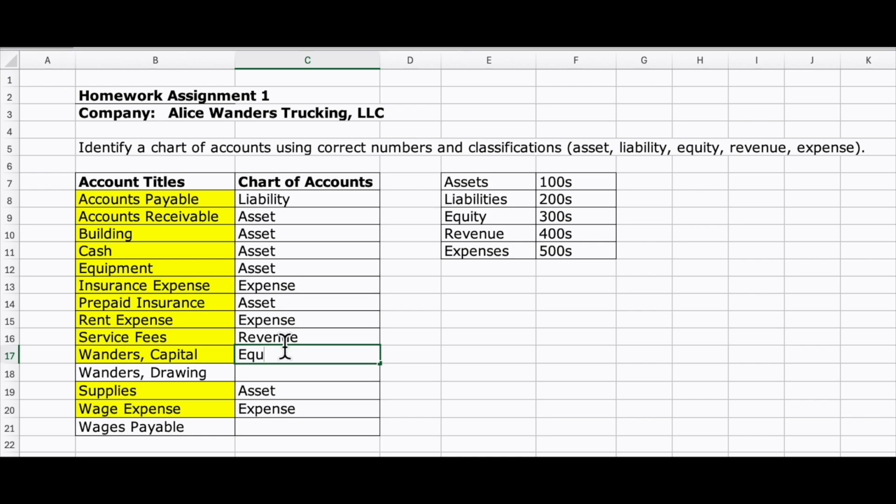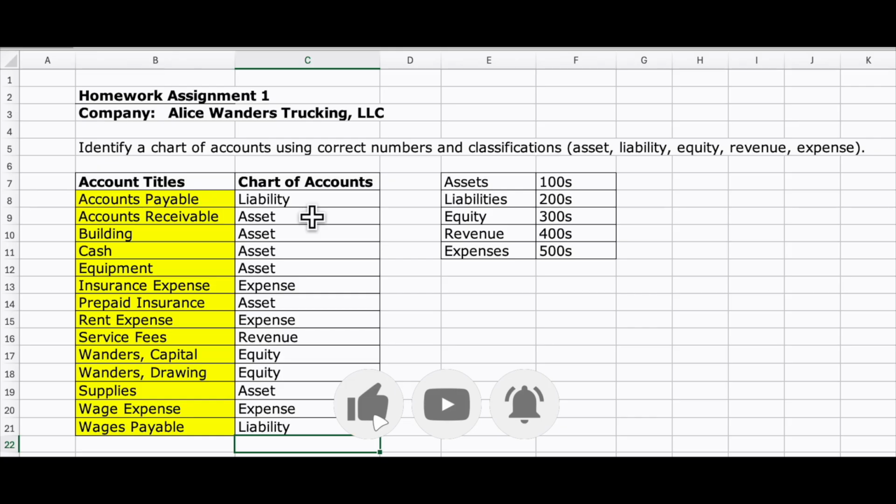That's equity. Or you can put owner's equity. In this case, they told us just the word equity, so we'll use that. And that's also the case when it comes to drawings out of the company. That's also an equity. And then finally, wages payable is the last one that needs to be categorized, and that is a liability. So now we've had all of the accounts named.